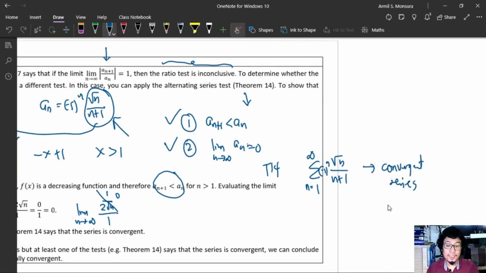Unfortunately, the ratio test would not be conclusive if used to test the convergence of this series. So what was used to settle the question of whether the series is convergent or not is Theorem 14, which is the alternating series test.